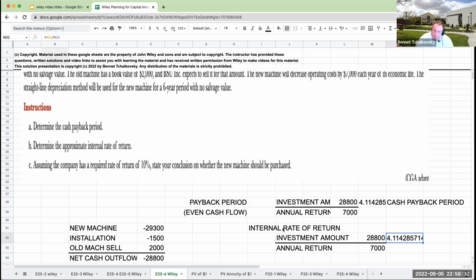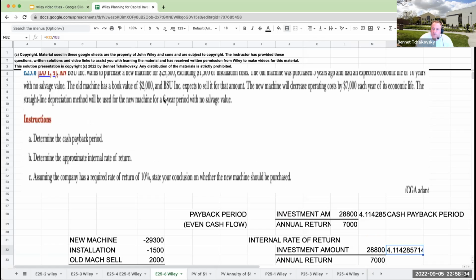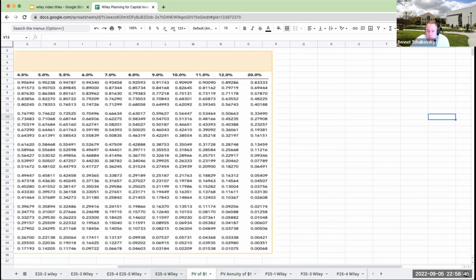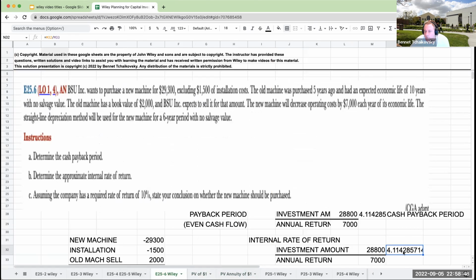This is being paid out over 6 years, so we go to the present value of an annuity of $1, at 6 periods, and we are looking for 4.11428.